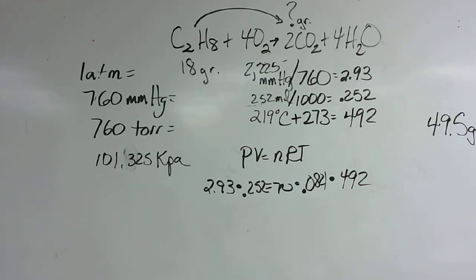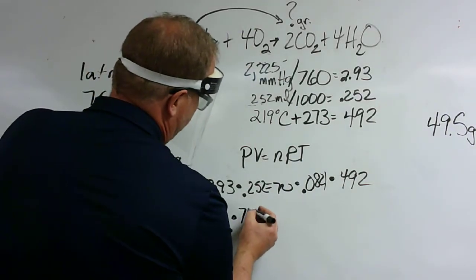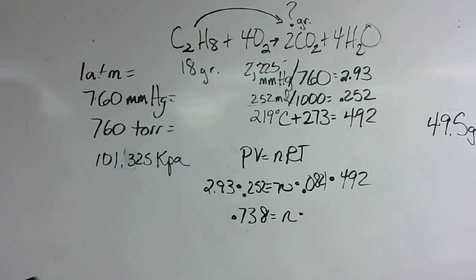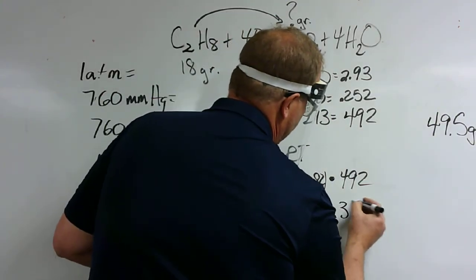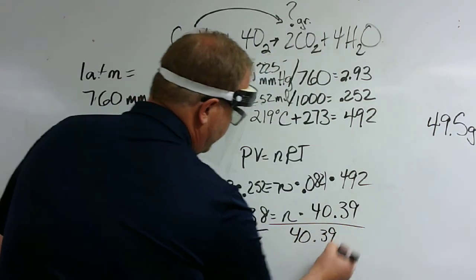So, we're recording. 0.738 and 0.0821 times 492 equals 40.39, and we just divide.